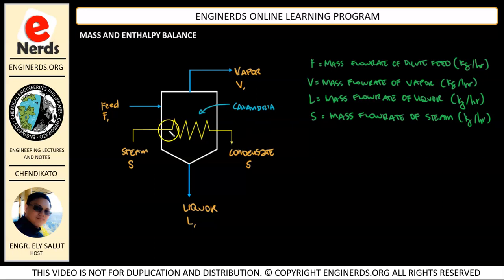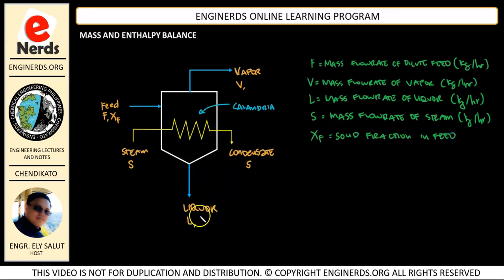If you're going to have a solute balance, kailangan nating makuha yung solid fraction or yung mass fraction ng ating solute. And we learned that sa ating previous video that sa ating feed, ang value or mass fraction ng ating solute dito will be XF. Okay, so our XF is the solid fraction in feed, or the mass fraction dito sa ating feed.